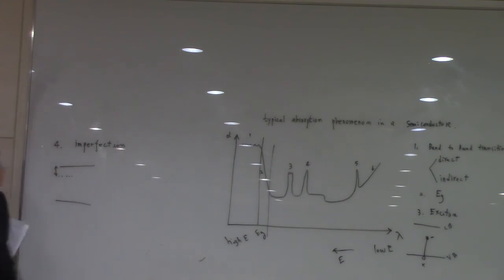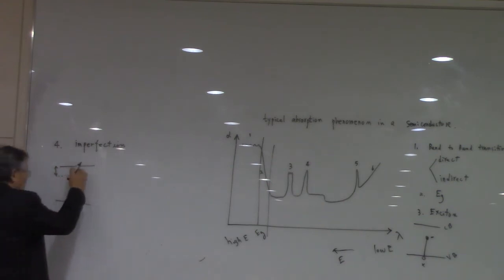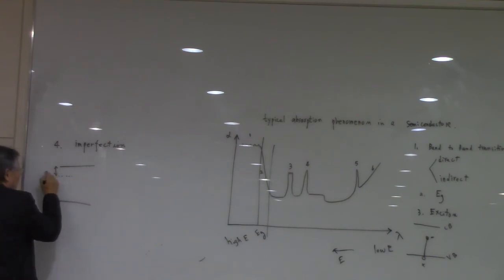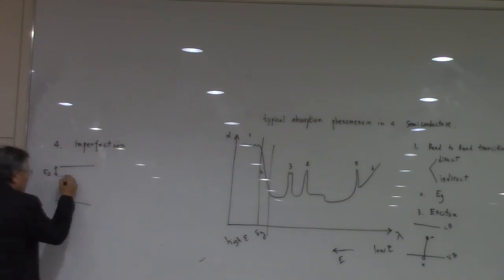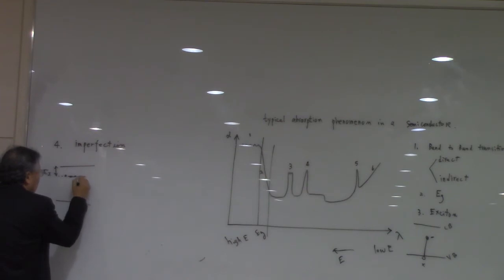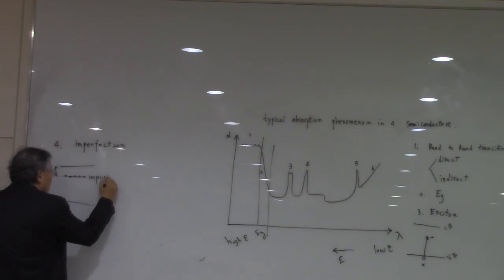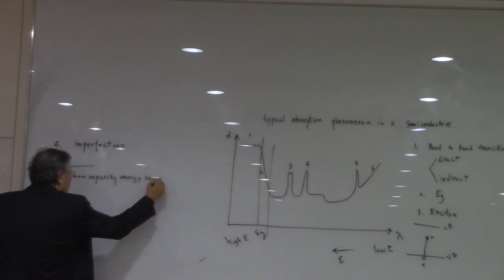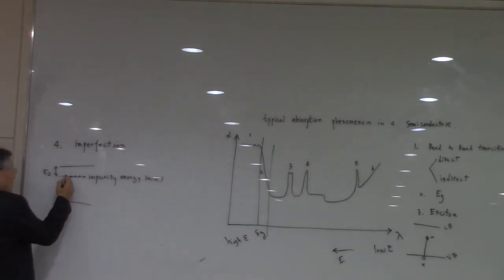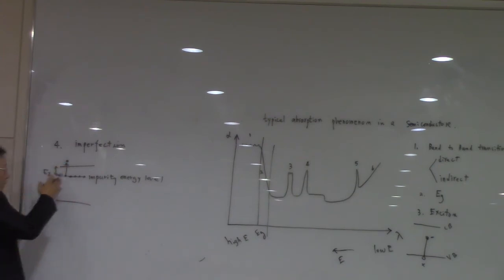If you have dissociation energies or ionization energy, just like this, and some of the electrons are already captured in this impurity energy level, then this electron is going to be excited to the conduction band, and accordingly we have the absorption phenomenon.